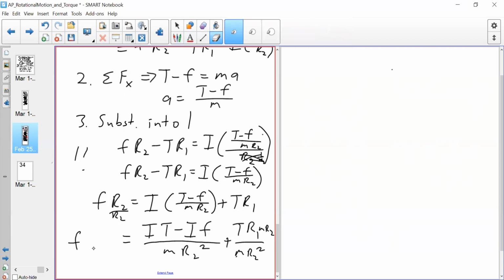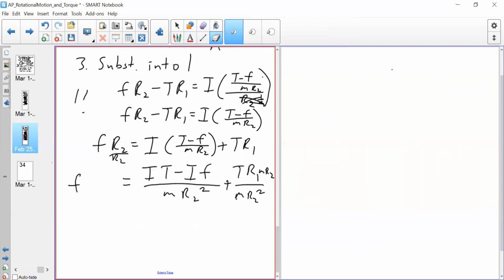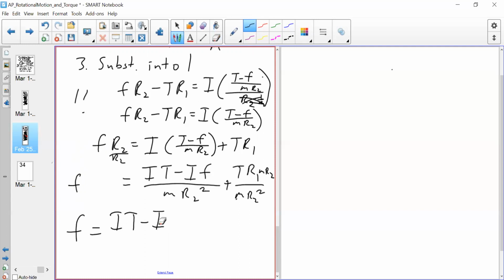But before I divided it by another R2, I multiplied top and bottom here by MR2, which leads me to this: IT minus IF plus TR1 over MR2 squared, and algebra one now.